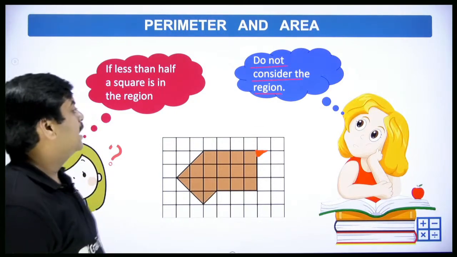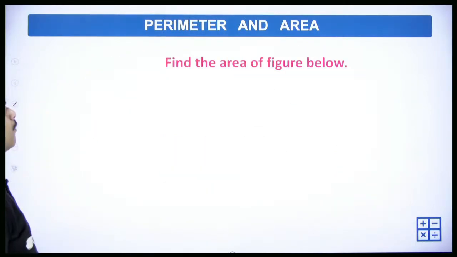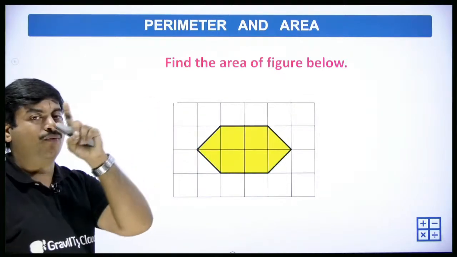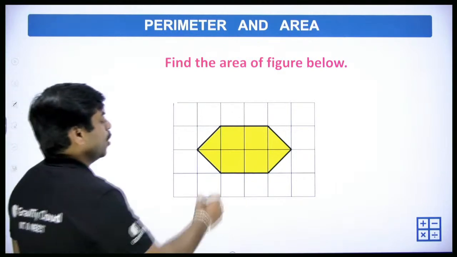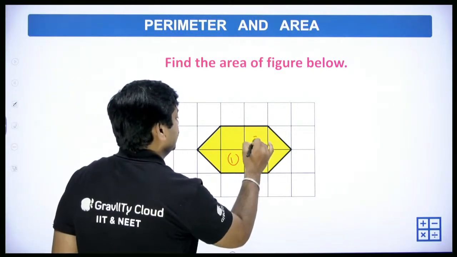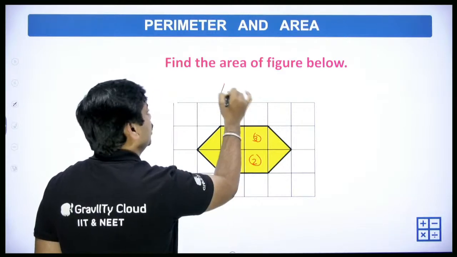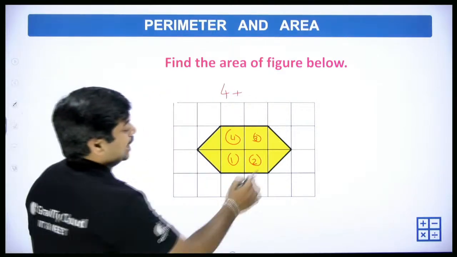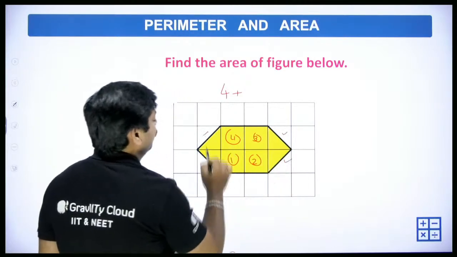Okay. Next one. We need to find the area of this figure. Let's say each box is 1 square unit. So we have 1, 2, 3 and 4. So total 4 square units plus, it is exactly half, half, half and half.